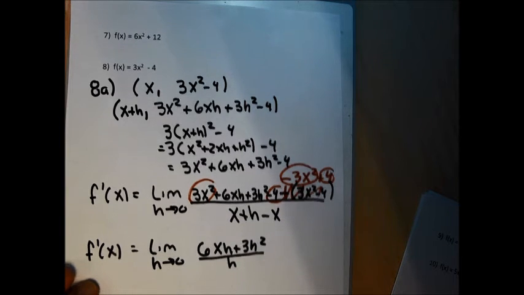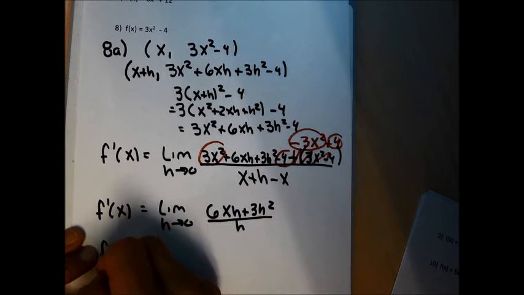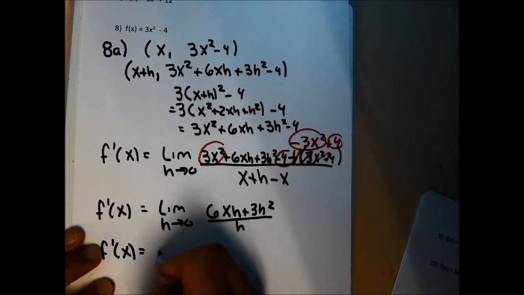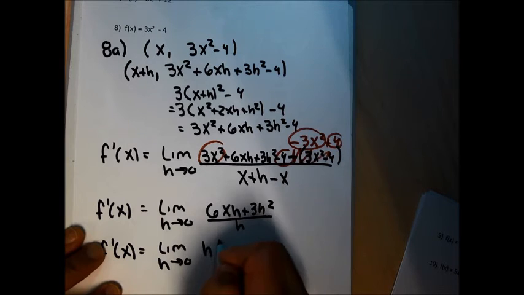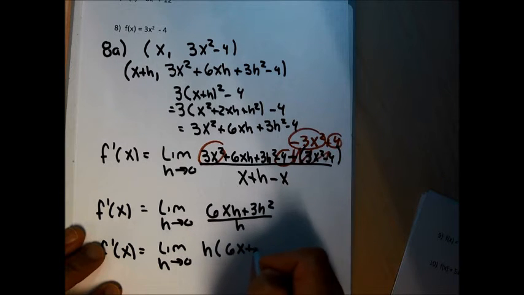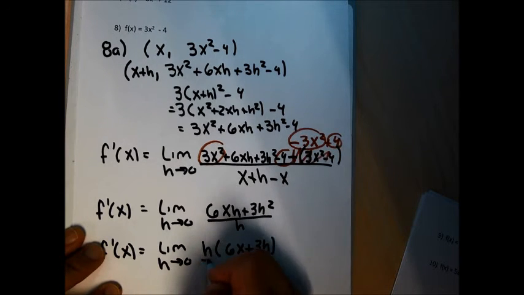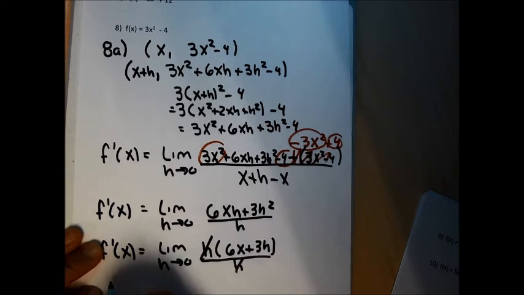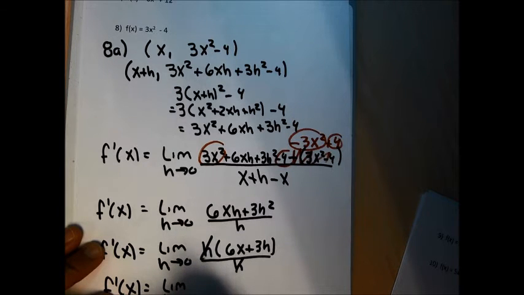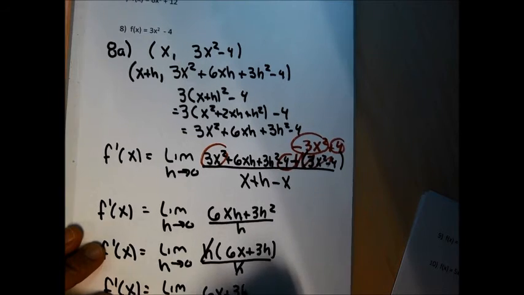h. I'm going to factor out an h from the numerator. I get the limit as h goes to 0 of h times 6x plus 3h all over h. Cancel the h's. I get f prime of x equals the limit as h goes to 0 of 6x plus 3h.